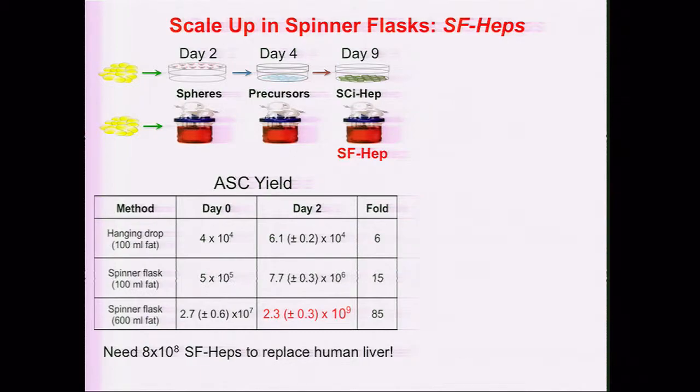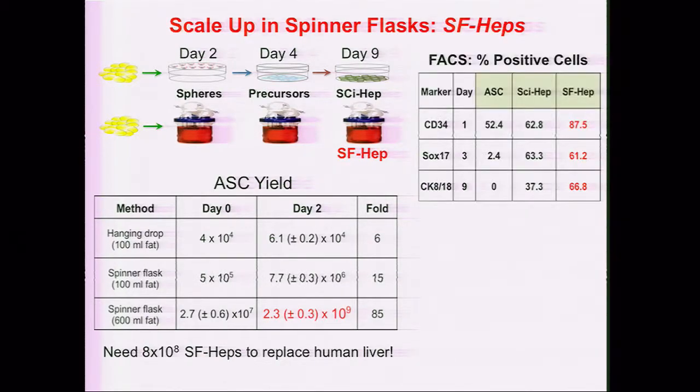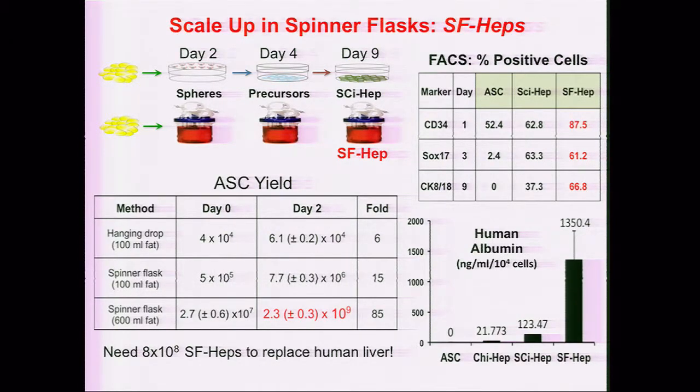So I think we're on track now numerically. The percentages and so on are shown here, but this is really nice. This is the amount of albumin they make, normalized on a per cell basis. Our SF-Hep cells, at least in terms of albumin production, seem to be very happy.